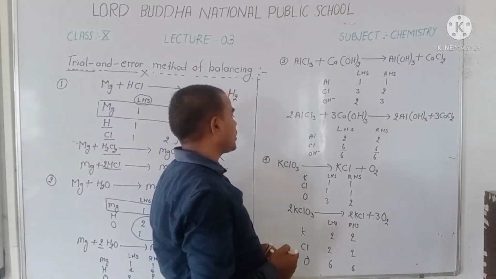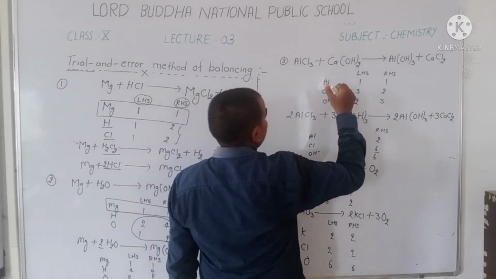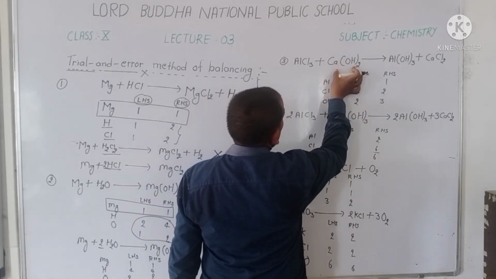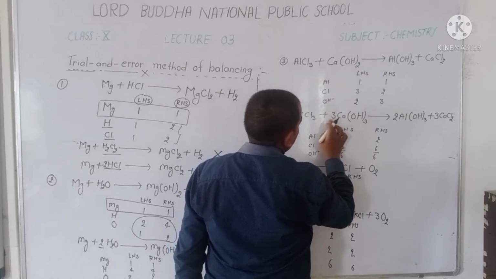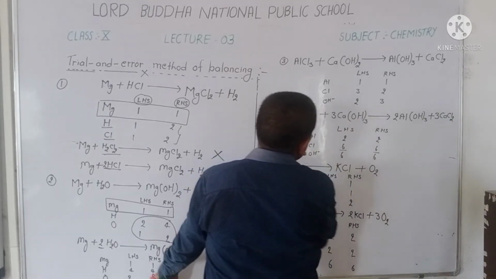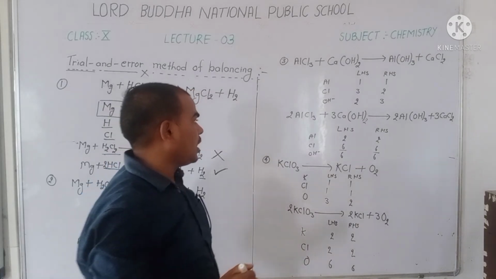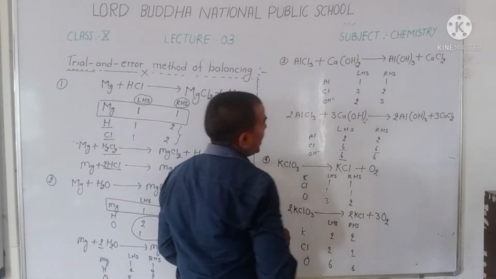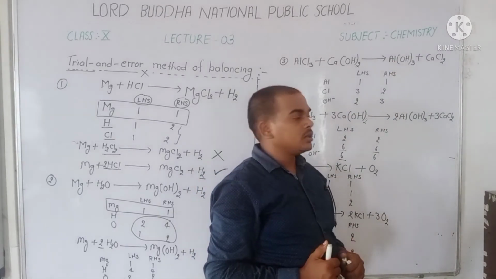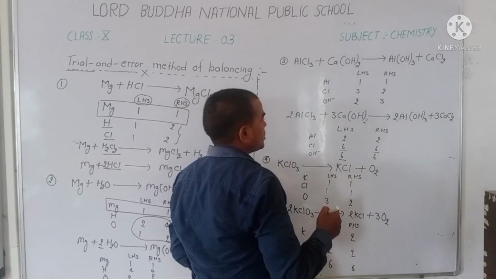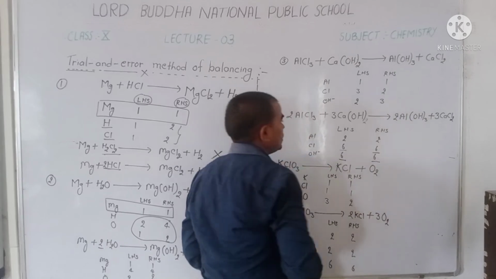For balancing the hydroxide ion, if we put 3 before the calcium hydroxide, we find 3 times 2 is 6 hydroxide ions on the left side, and if we multiply 2 before the aluminium hydroxide, then we find 6 hydroxide on the right.